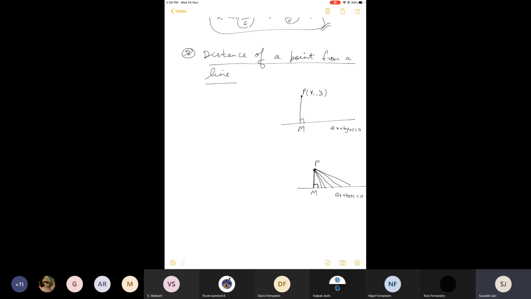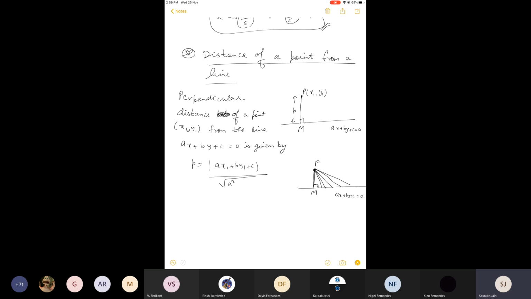And for this we have a formula. The perpendicular distance of a point (x1, y1) from the line ax plus by plus c equal to 0 is given by, let us denote this quantity by p, equals mod of ax1 plus by1 plus c divided by under root a square plus b square.